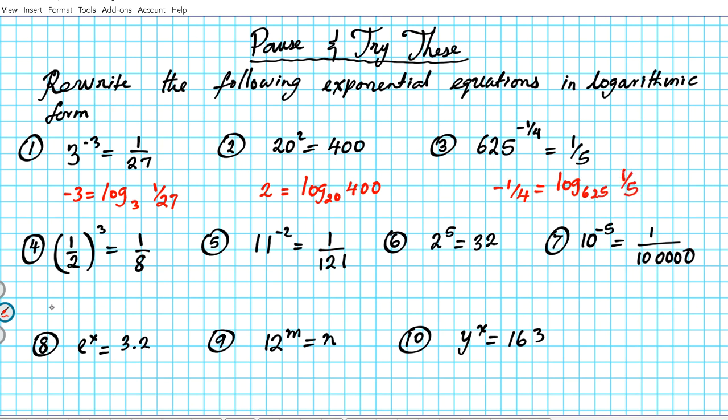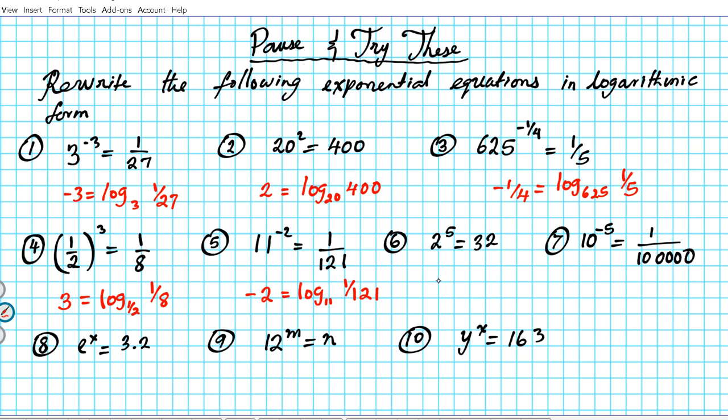Number 4, oh snap, I didn't write that properly. Let's write it again. 3 is equal to log base 1/2 of 1 over 8. For number 5, negative 2 is equal to log base 11 of 1 over 121.